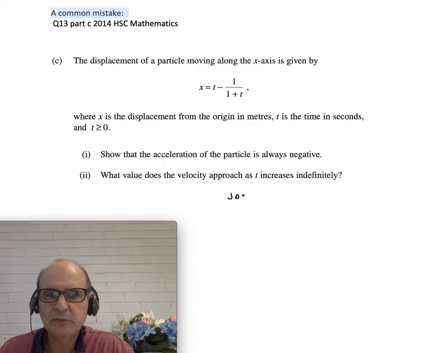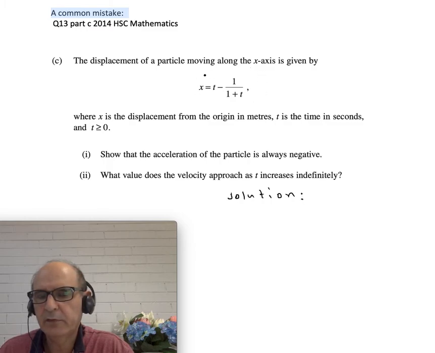To get to the acceleration, we need to differentiate the displacement equation twice with respect to time. So x is equal to (t minus 1) on (1 plus t). The first differentiation will give you velocity.